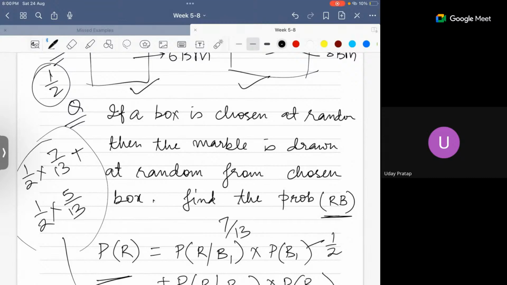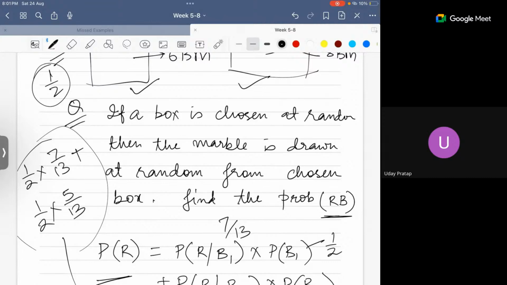The condition has been shuffled now. Till now, the condition was very simple: box A had been selected, and you had to find the probability of getting the red ball. Now it is given that the red ball has been drawn, and you have to find the probability that it is coming from box A.